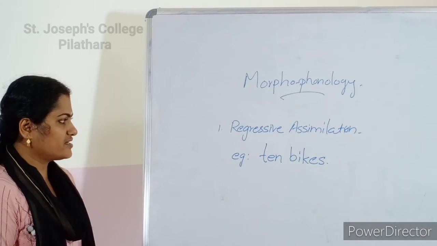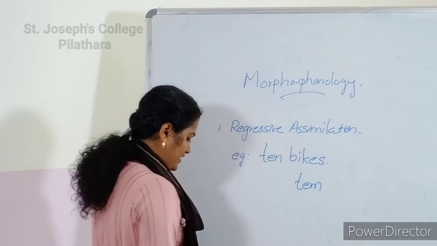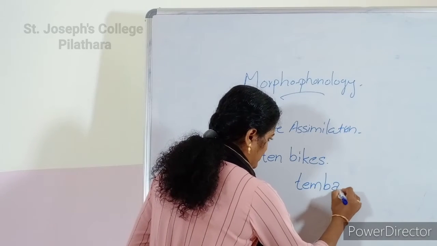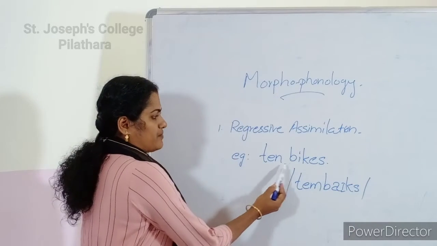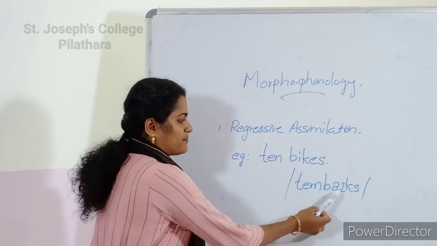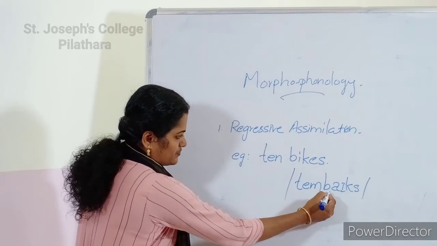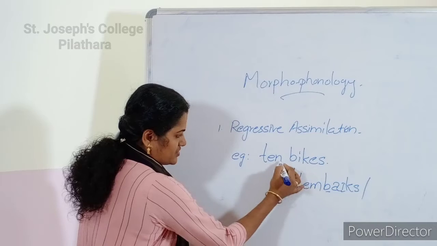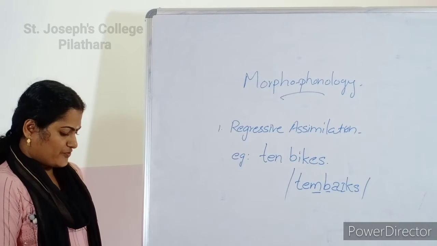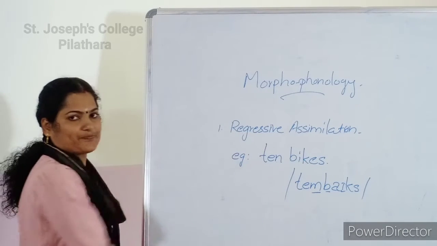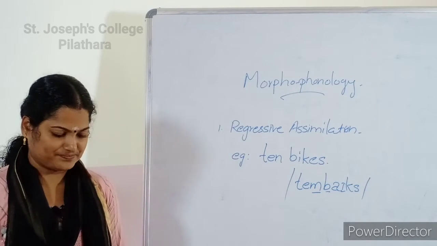It's pronounced as tem bikes in rapid speech. That is, with the influence of this b sound, this n sound changed into m. That is, the phoneme affects the phoneme preceding it. This is known as regressive assimilation.